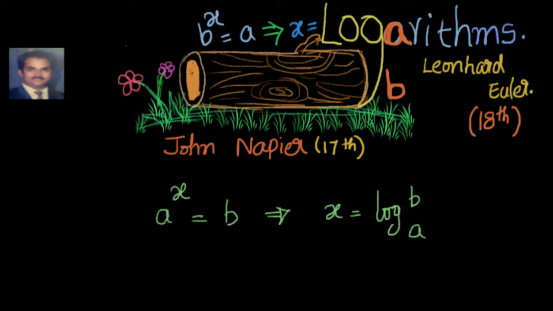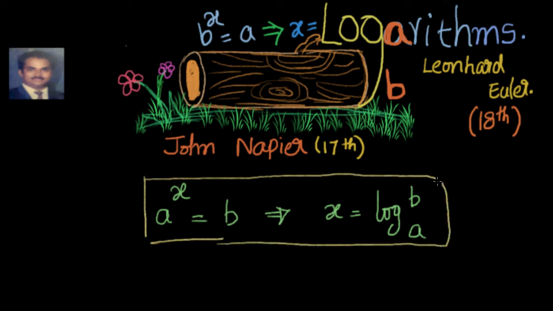This is basically how we say logarithm. The first form is known as exponential form, and the second form is known as logarithmic form.